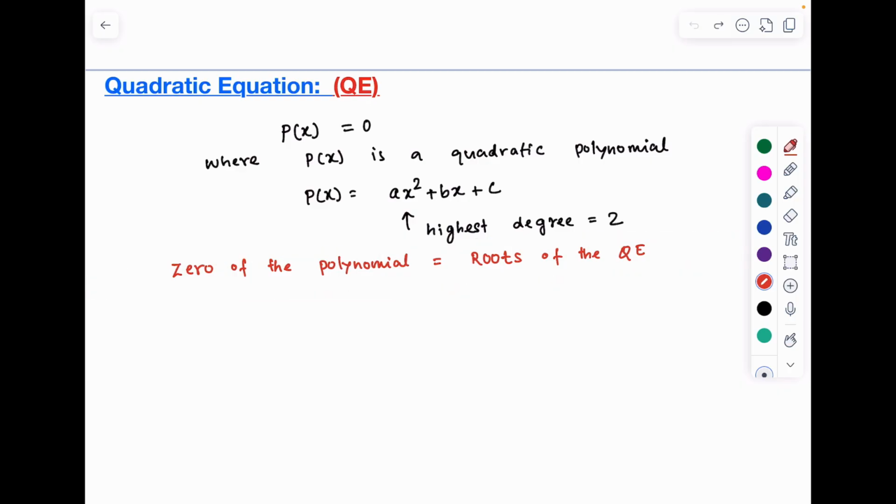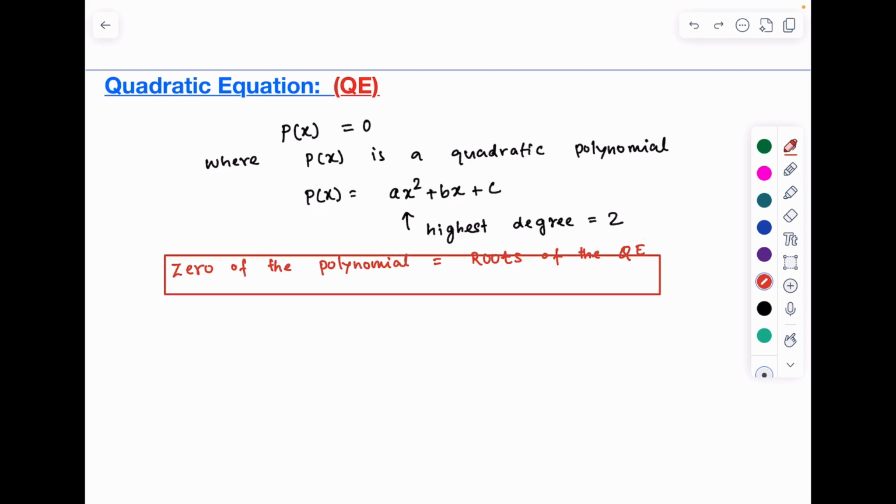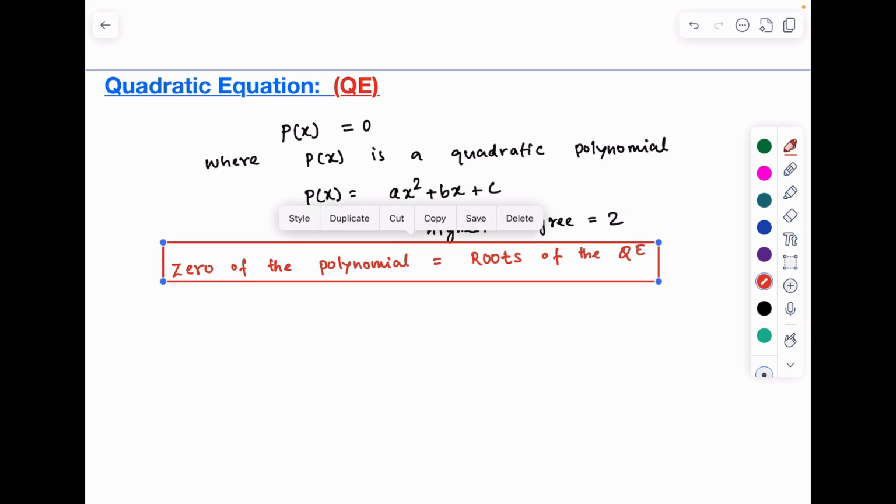The zeros of this polynomial are the same as the roots of the quadratic equation. This quadratic polynomial has two zeros, and if you solve p(x) = 0, we will get two roots of the quadratic equation.